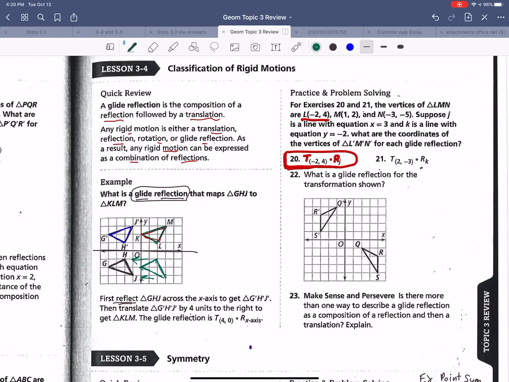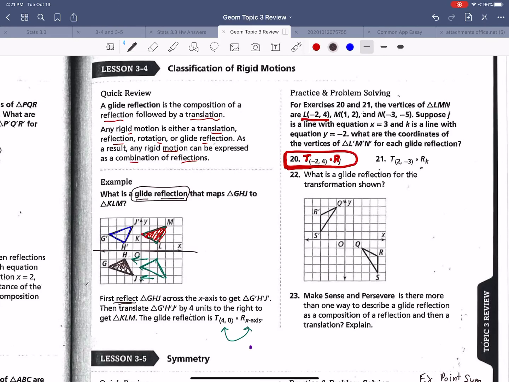And it's like, oh yeah, we did that in class, where we figured out that sometimes order doesn't matter. We could do the reverse and we end up mapping on that same image. The red one maps onto the brown one, whether we go to the blue one first and then the brown, or the green one first and then the brown.